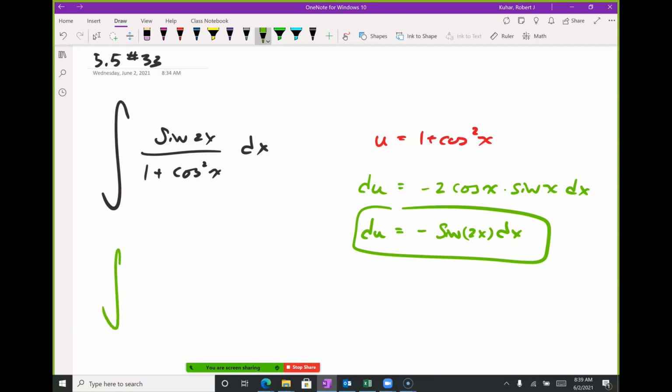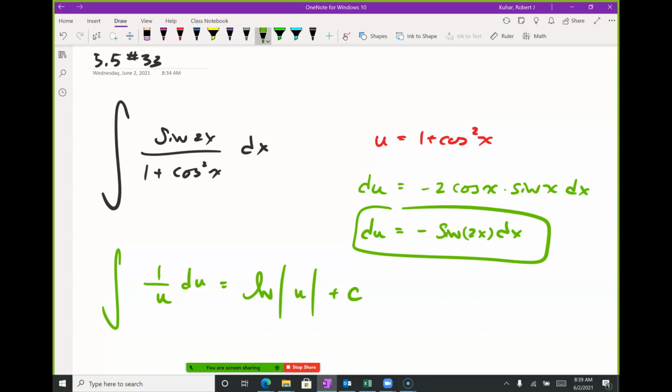So I've got the integral of 1 over u du. Okay, there's the ln. I see the ln now. So this is the ln of the absolute value of u plus c. And that u value is 1 plus cos squared.